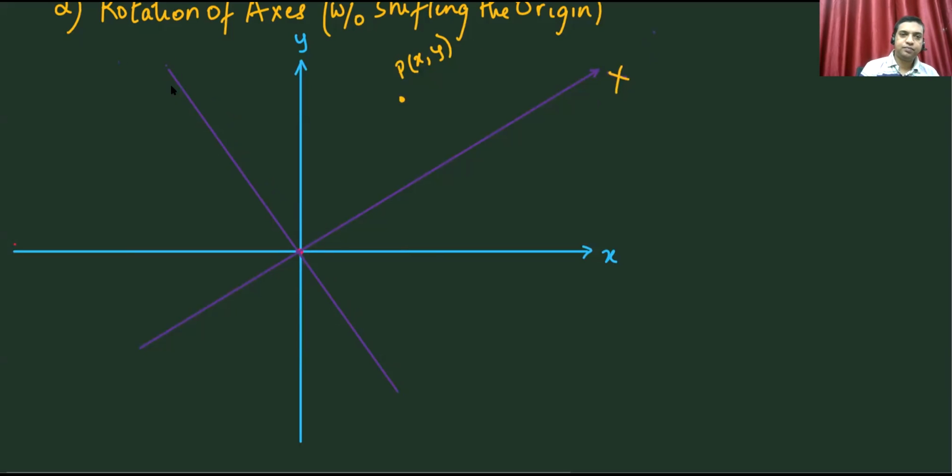This is capital X, capital Y. Okay, so the origin remains the same here. Now, what will be the coordinates of the point P in the new system? Let's say in the new system, the same point P will now have coordinates capital X, capital Y.